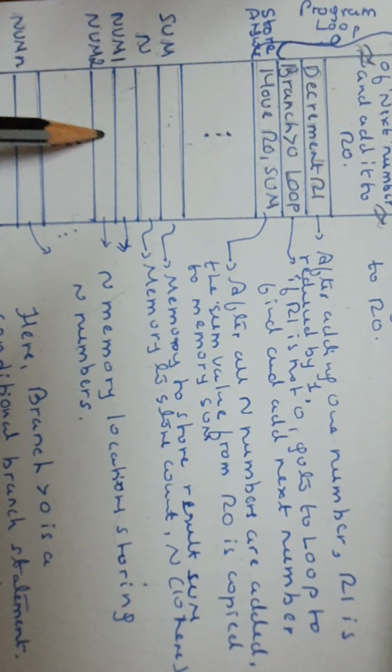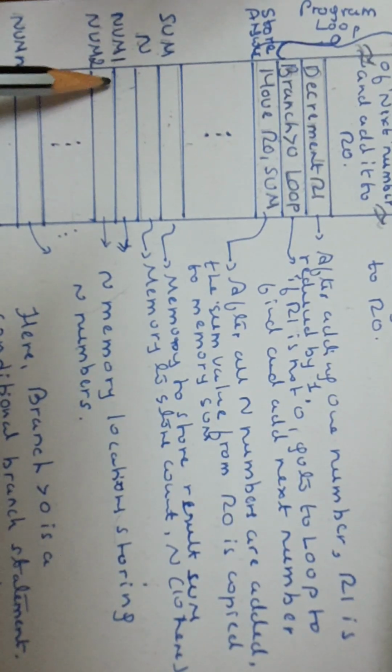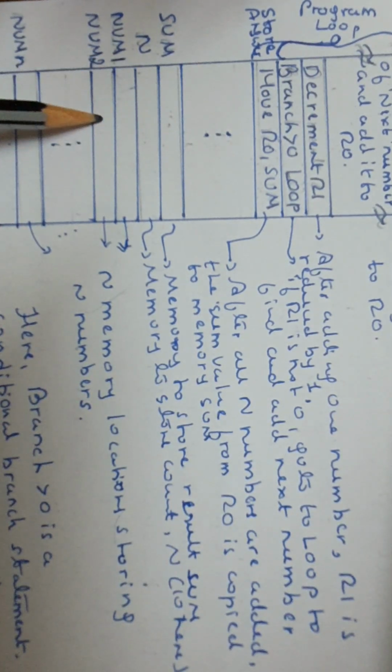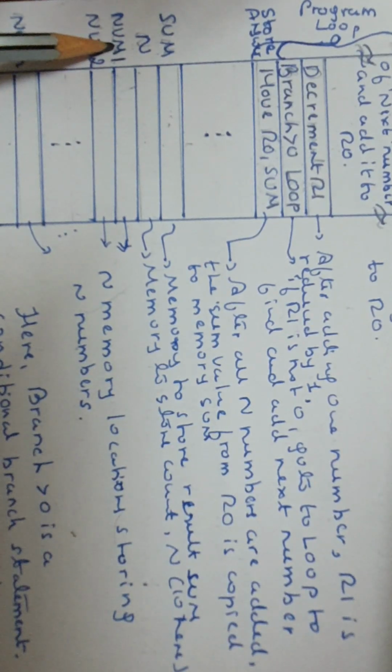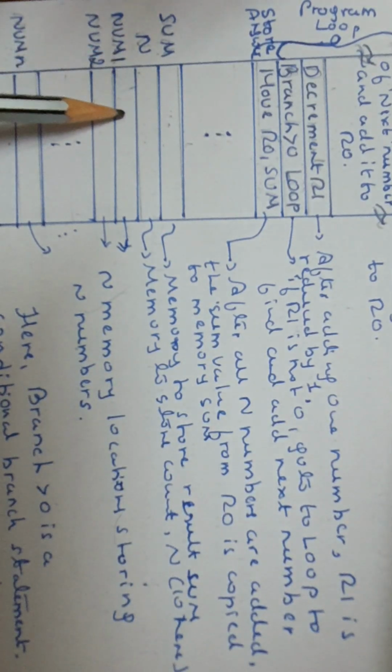Here individual memory locations are used to keep number 1, 2 till number n, and the names of the memory locations are NUM1, NUM2 and so on till NUMN. Symbolically they represent the addresses of memory locations where numbers are stored.